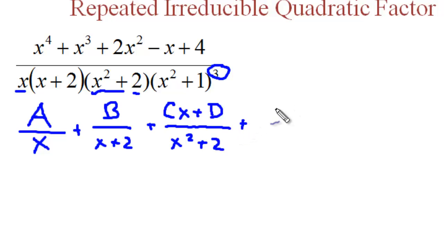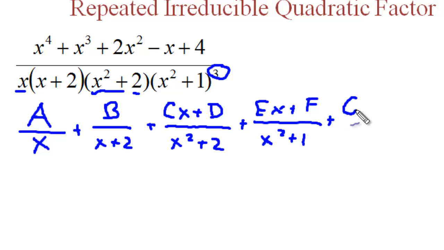So what we have to do on this one, the next letter would be ex plus f over x squared plus 1, plus gx plus h over x squared plus 1 squared. I said it was getting long.